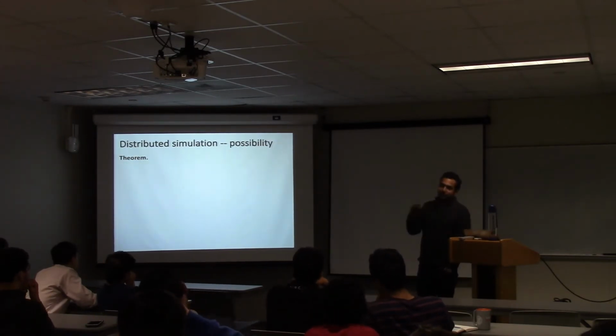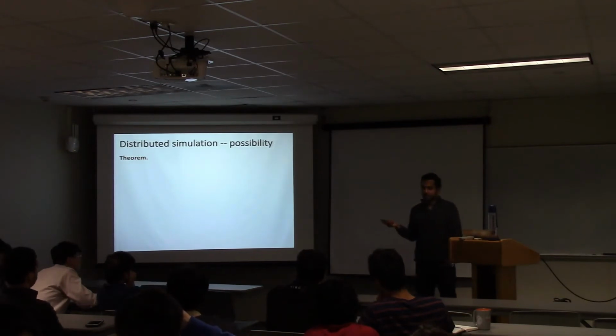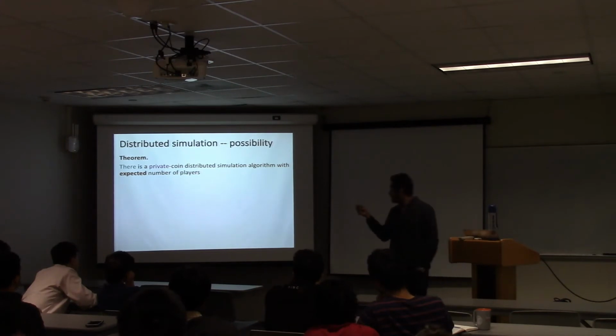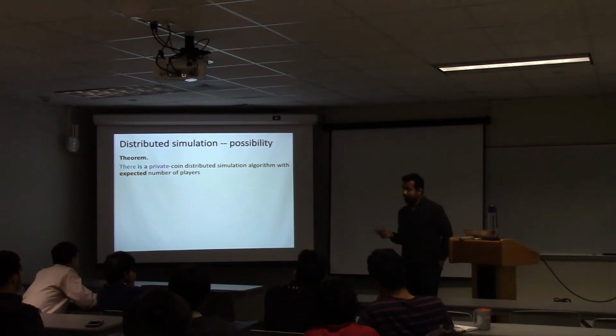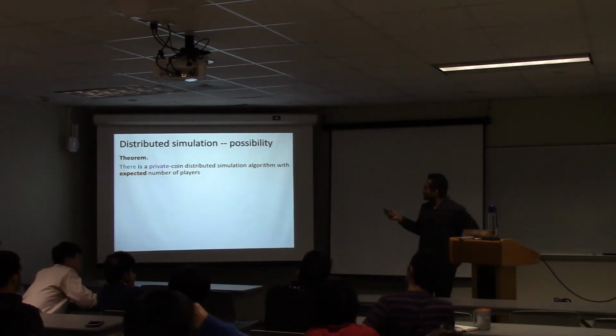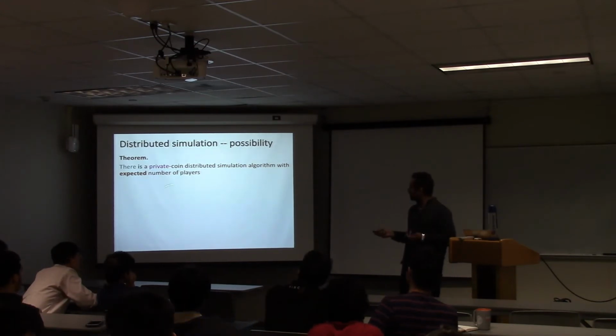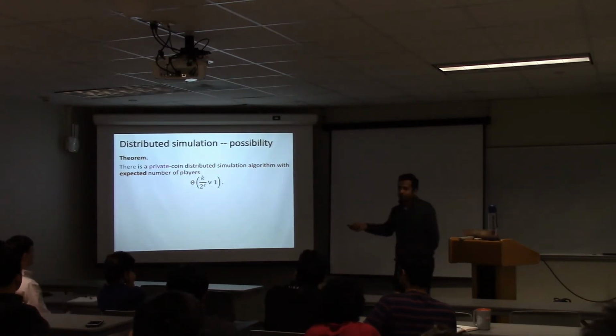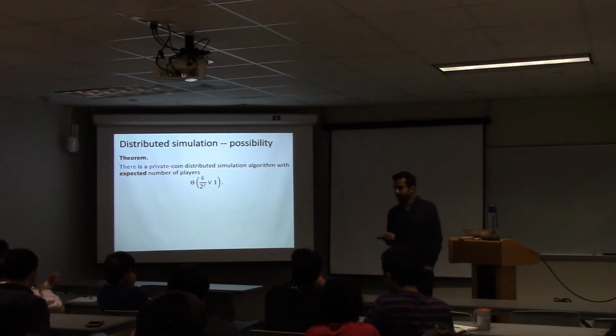So that was impossibility. We'll show some kind of possibility. There is a private coin algorithm, a protocol, such that with an expected number of players, this is an algorithm that may never terminate. They're called Las Vegas algorithms: algorithms that may not terminate, but when they terminate, they will give you a pure sample from P. So there is a distributed algorithm with an expected number of players of k divided by 2 to the power L, or 1; this is just the max of the two.